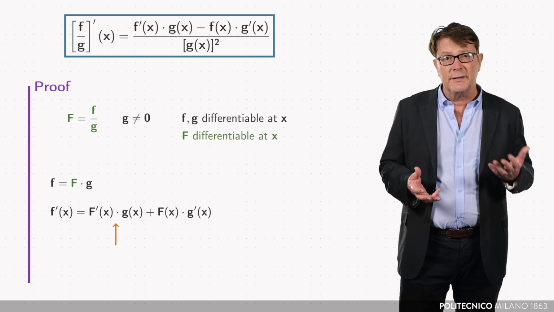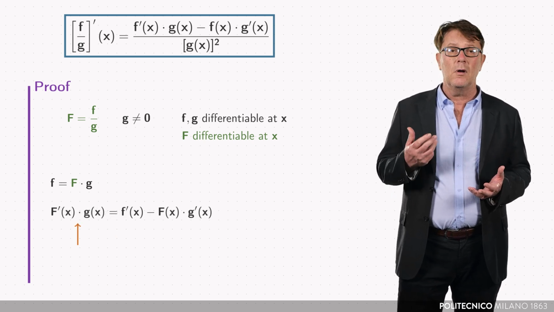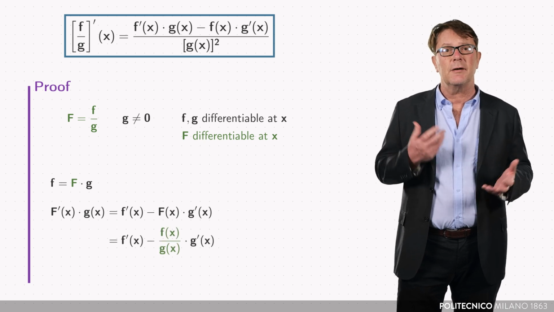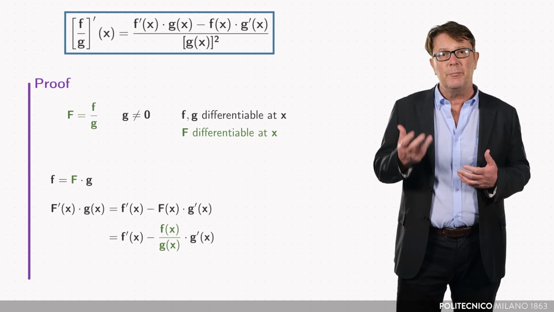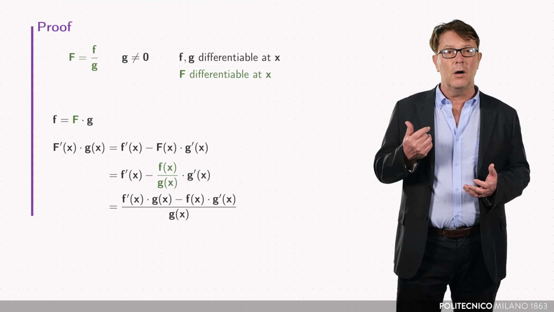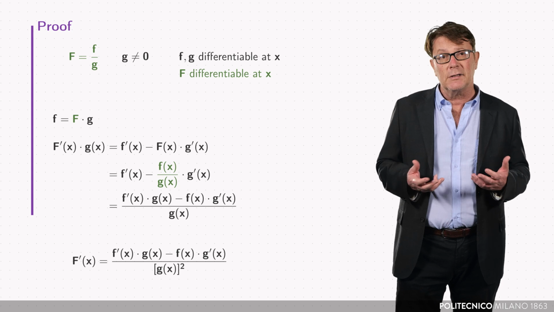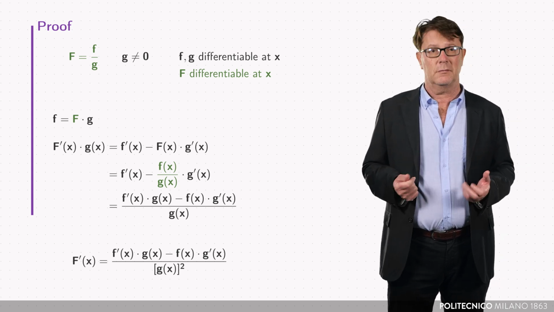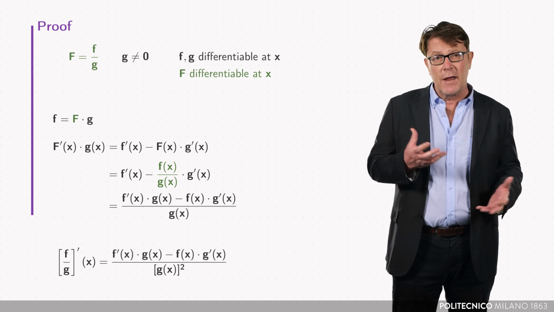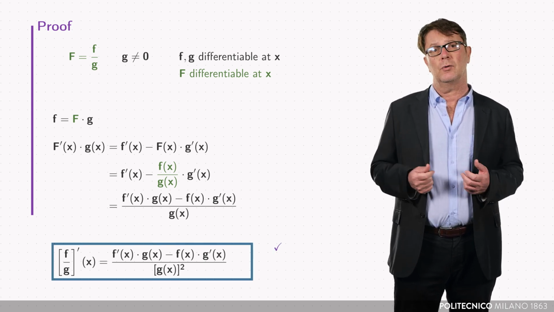Let us now isolate the term that contains the derivative of big F. Now, recall that big F explicitly is the ratio f over g, and bring to the common denominator. Finally, we divide by g of x to get the derivative of big F. Remembering that big F is the ratio f over g, we have thus discovered where the quotient rule comes from.